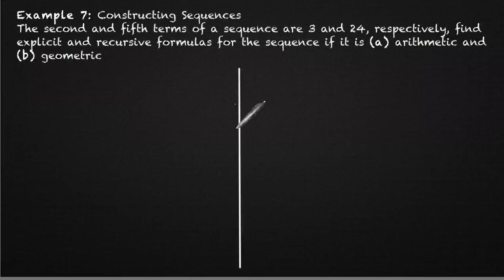All right, we're going to put it all together in this last example here. And it says the second and fifth terms of a sequence are 3 and 24, respectively. Find the explicit and recursive formulas for the sequence if, first of all, it's arithmetic and then geometric. So over here, we're going to do the arithmetic example. Now, once again, what does that mean?